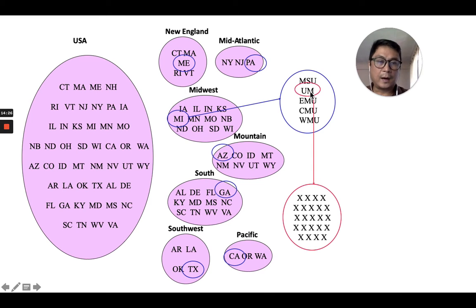Now from the University of Michigan, we can draw a sampling frame. We can request a random list of college students in the University of Michigan, and then from that list of students, we select our final sample to be part of our study.